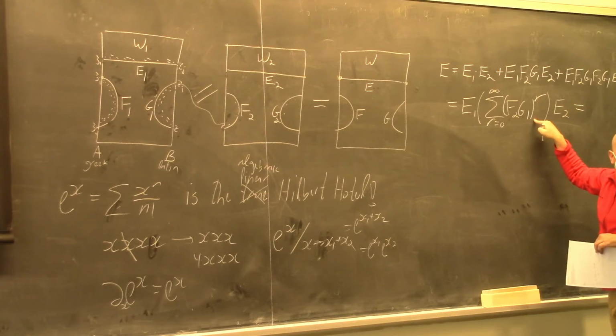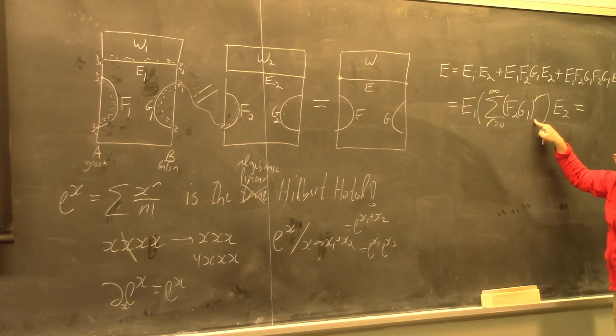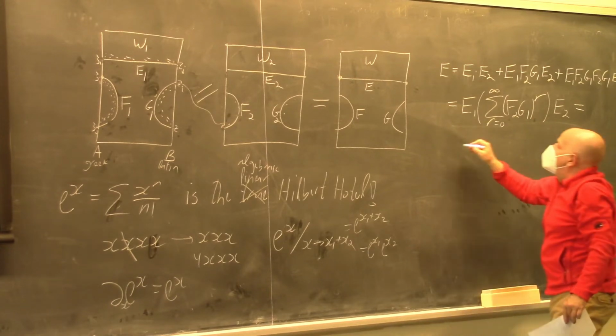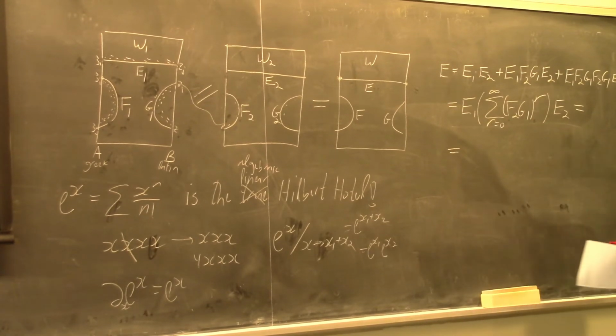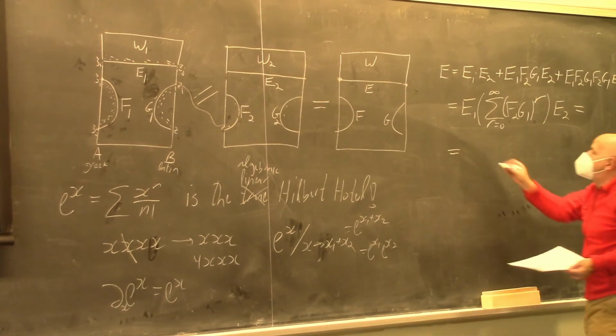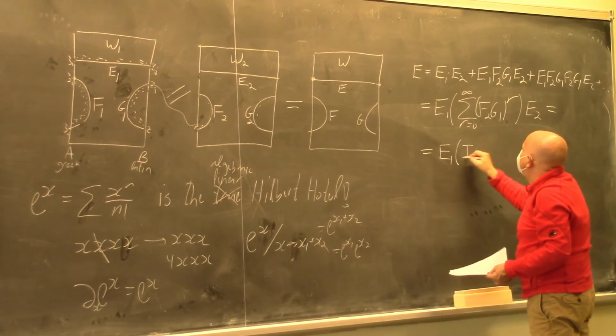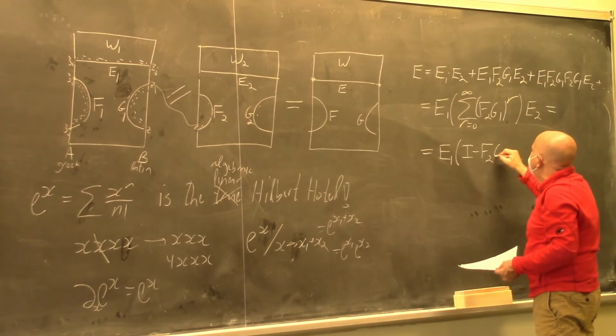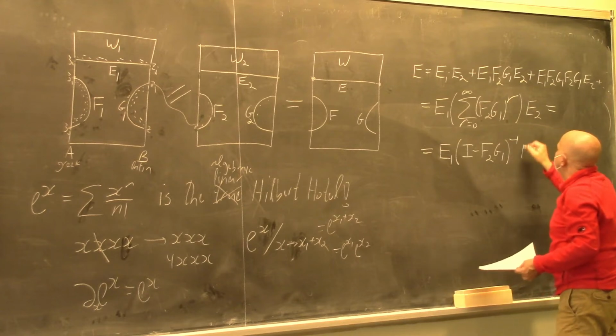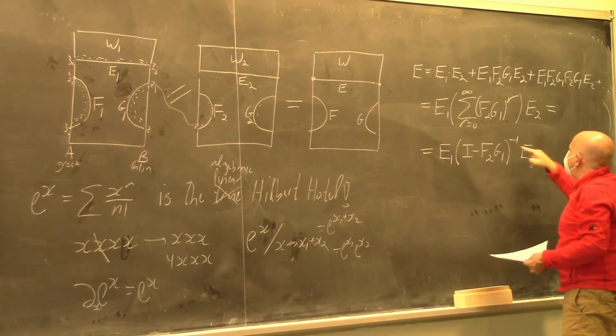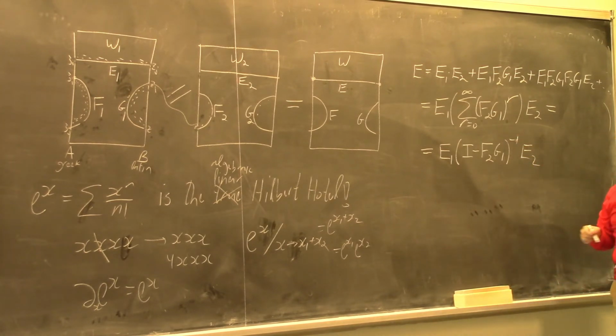This is a geometric series of matrices, but it's still a geometric series. The sum is E1 and then (identity minus F2 G1) inverse E2, and that's my conjectured formula for E.